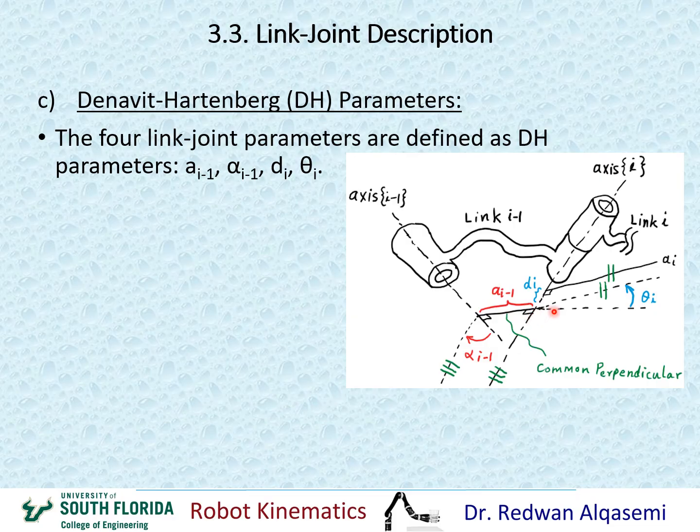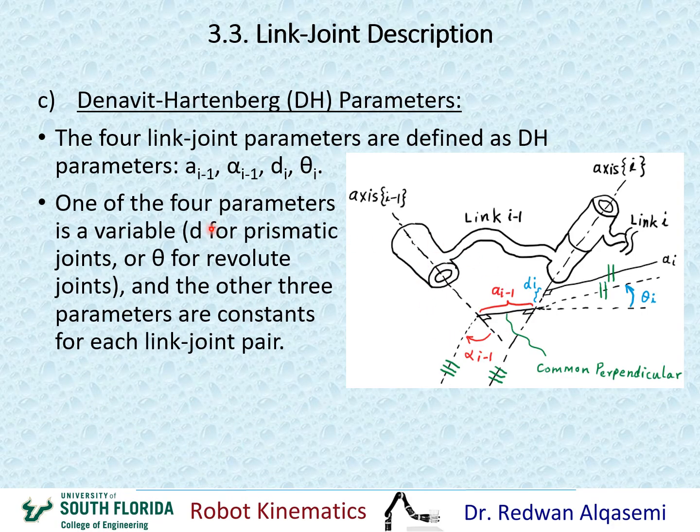The angle between the first common perpendicular and the second common perpendicular will be theta_i, which is the joint angle that we have. So this basically shows you all the 4 parameters in one plot, and you can see how you can extract this. Again, this is a very general drawing, but for each example it will probably be simpler than this to figure out what these parameters are.